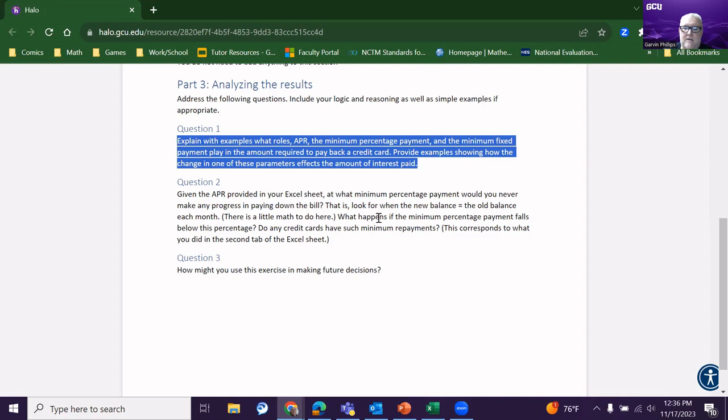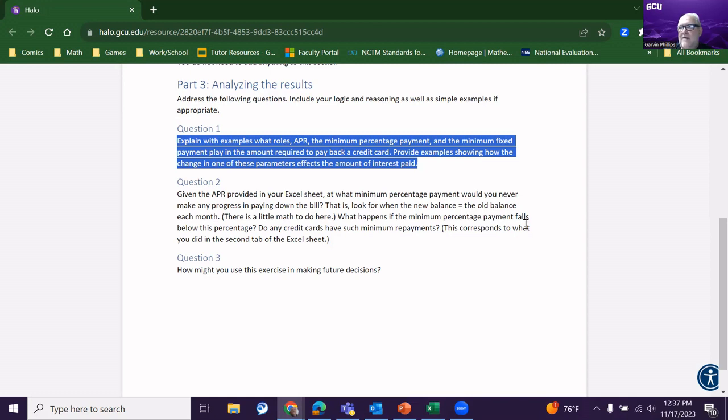And so then if the minimum payment happens to fall below this percentage, so just one lower, what did we notice? Each time we fell below that percentage, it starts growing. We're not actually paying anything. And even though this is slightly below, it's growing.